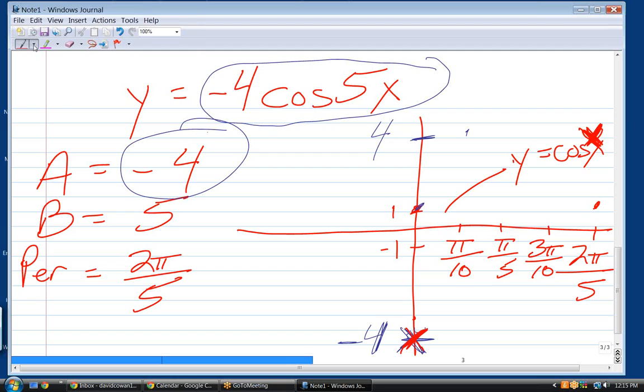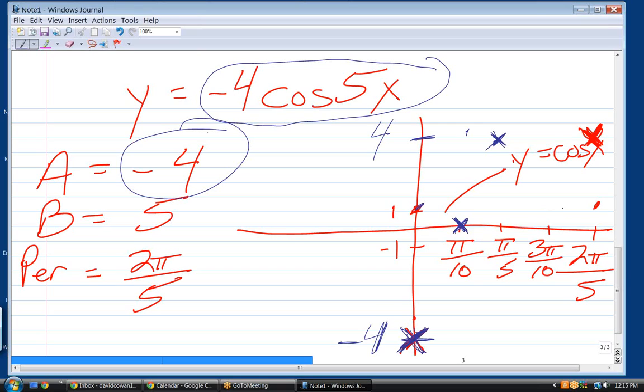So let's draw it in blue. I know I have to go through this point. And then the next point is the x-axis. So the first quarter point, you go through the x-axis. The next quarter point is where? Where is this function at pi over 5? It's at 4. So here's my next quarter point.